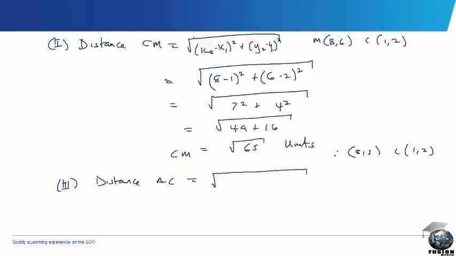And so we have 8 minus 1 squared plus 5 minus 2 squared. Is that right? Okay.